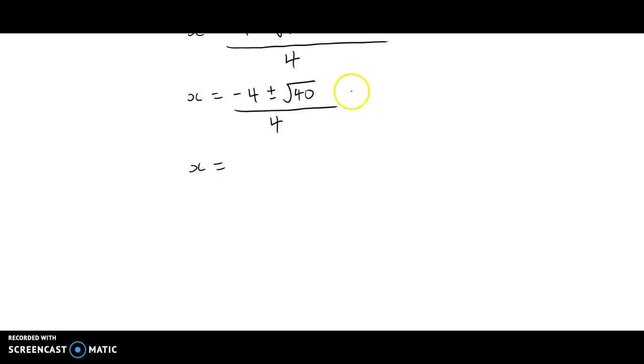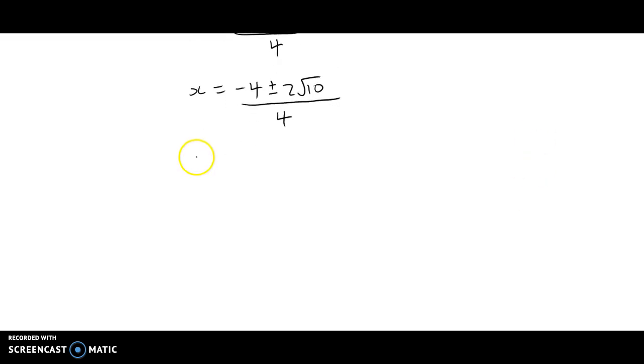X equals, using simplification of surds, minus 4 plus minus root 40 is root 4 times root 10, which is 2 root 10 over 4. Now it looks like we have a common factor of 2.